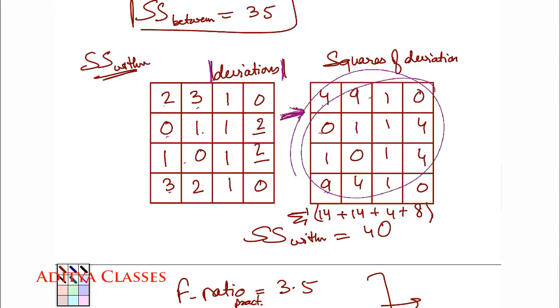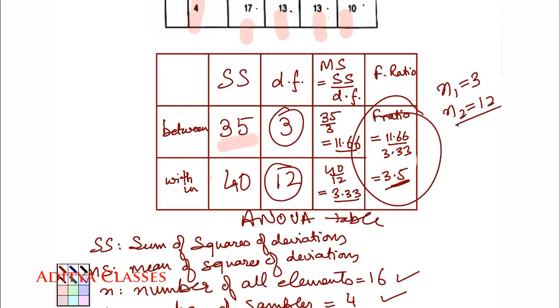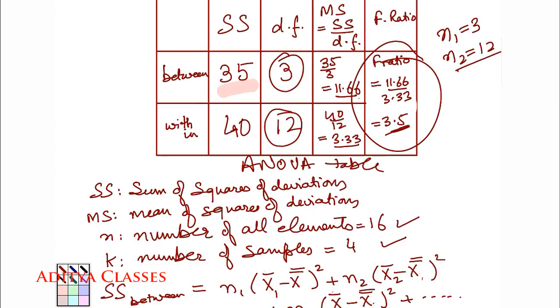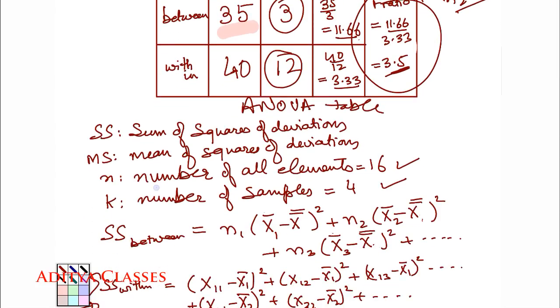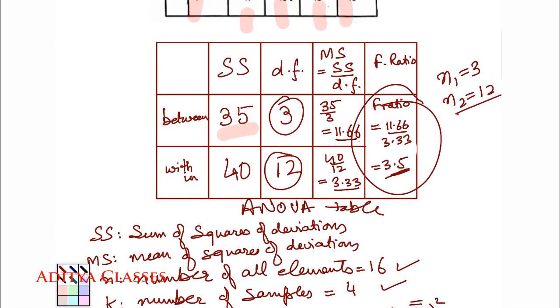Then I took sum of all these square values which came out as 40. So I again went to my table. SS within was 40. Degrees of freedom were, if you remember, n minus k. N is total number of elements, k is number of samples. So 16 minus 4 gave me a 12. So 40 by 12 gave me a 3.33.